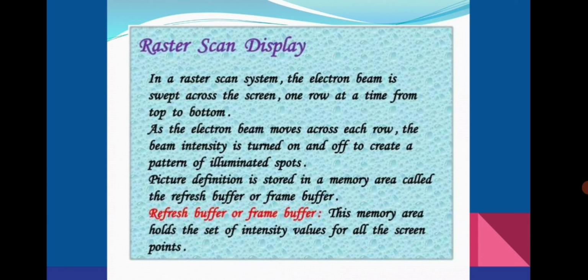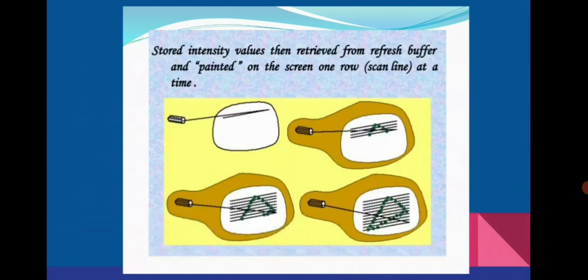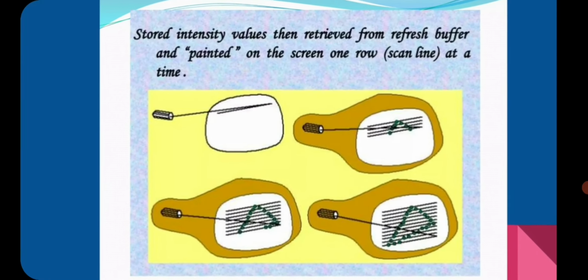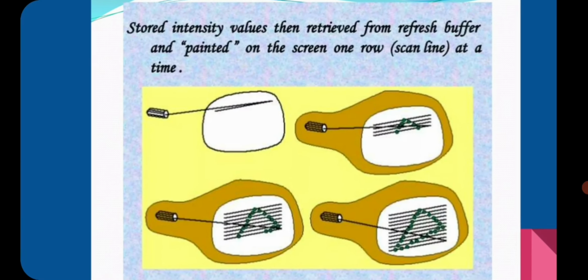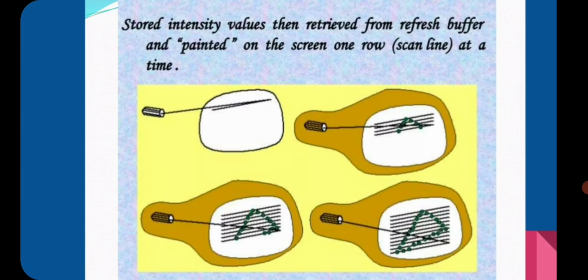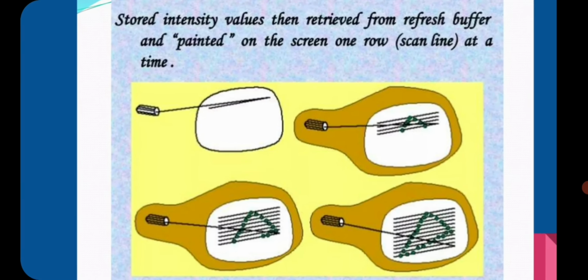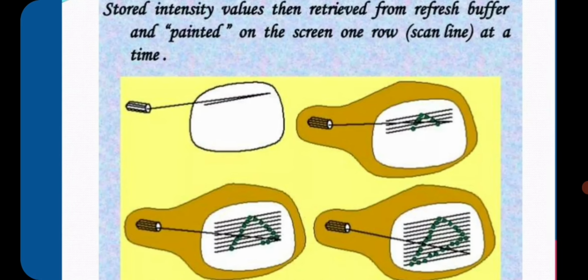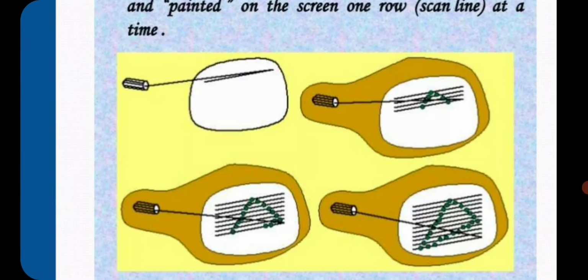Okay, so now the next thing about the diagram is shown over here. You can see the stored intensity values are retrieved from the refresh buffer and painted on the screen one row at a time. Now the picture is shown here. The electron beam sends some electron lines, and that is swept across line by line.